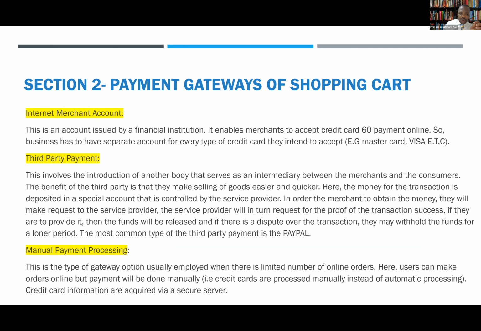There are some physical manual ones, which we'll go over in a moment. So business has to have a separate account for every type of credit card they intend to accept. Have you noticed that if you go on an e-commerce site, they accept different types of payment systems?